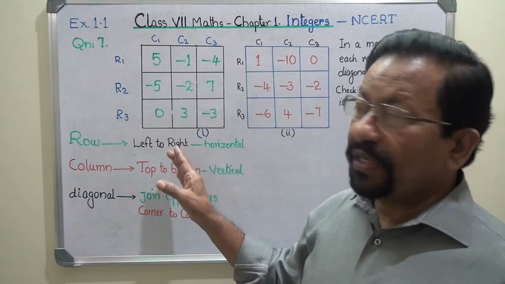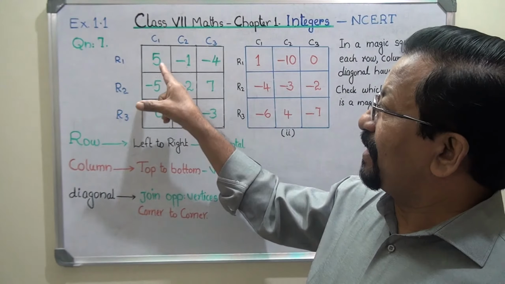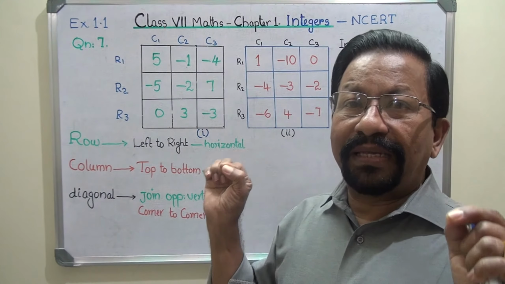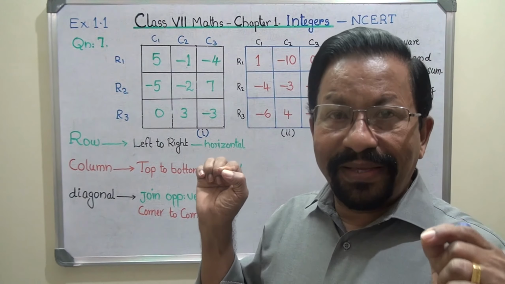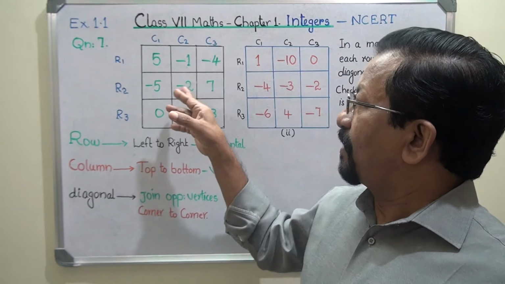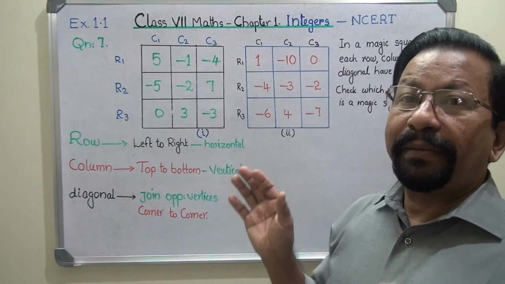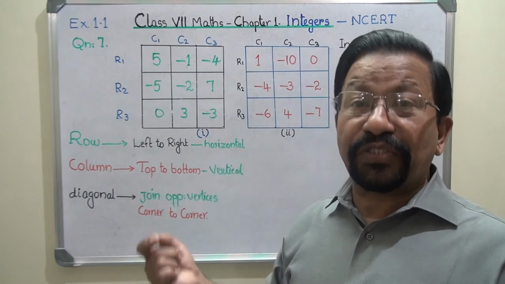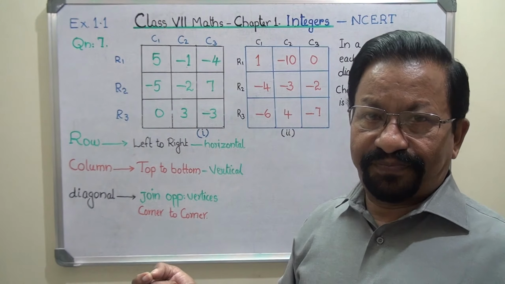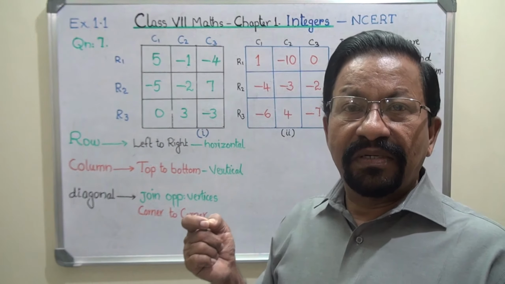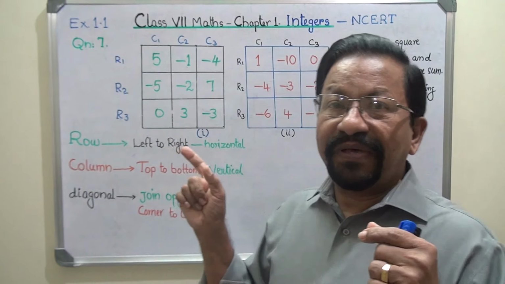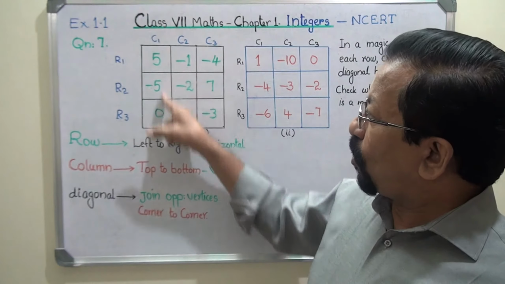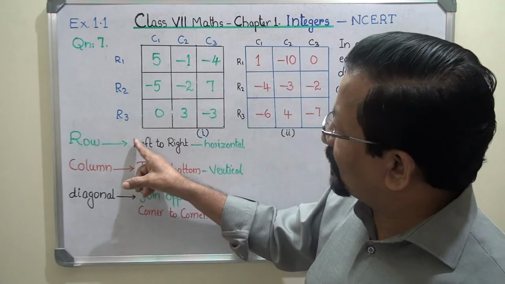So when you add the integers, you should always get the same answer. Then only you can say this or this is a magic square. Both are squares. Which one is the magic square? That is the question. Let us find out the sum of the integers of each row, each column and the diagonals.